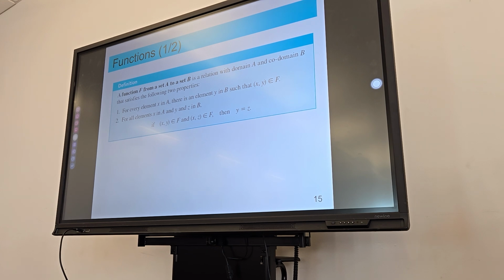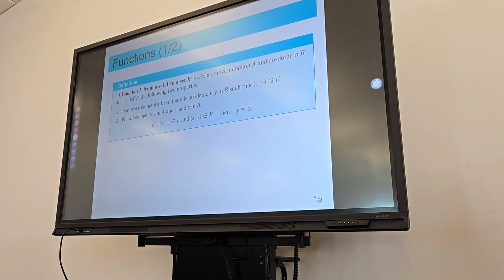For every element X in A, there is an element Y in B such that the ordered pair (X, Y) is an element of F. So there has to be an element in B for each element of A. For all elements X in A and Y and Z in B, if (X, Y) is an element of F and (X, Z) is an element of F, then Y equals Z. So only one element in B for each element in A.